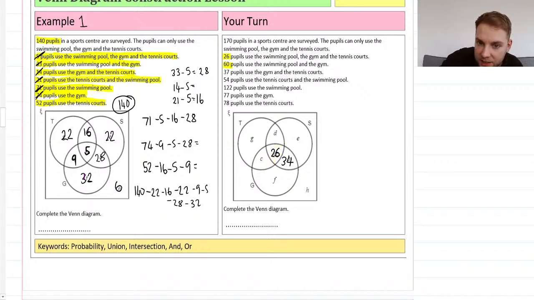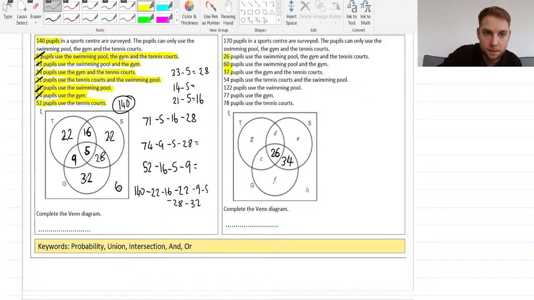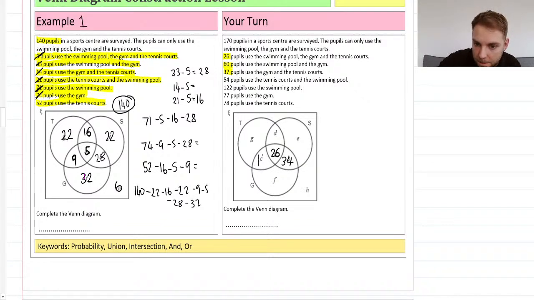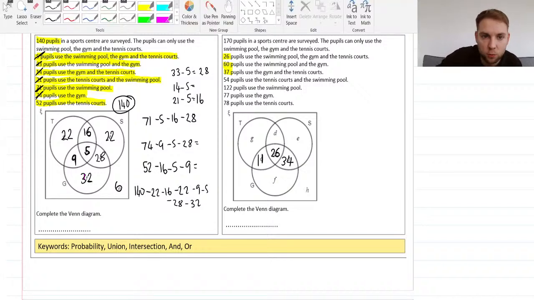So for the gym and tennis court, it's 37. So to work out what C is, I need to do 37 take away 26, which is equal to 11 in here. Okay, the next one is tennis court and swimming pool.